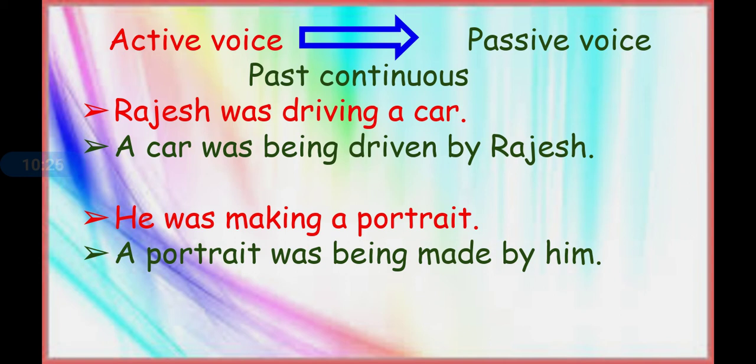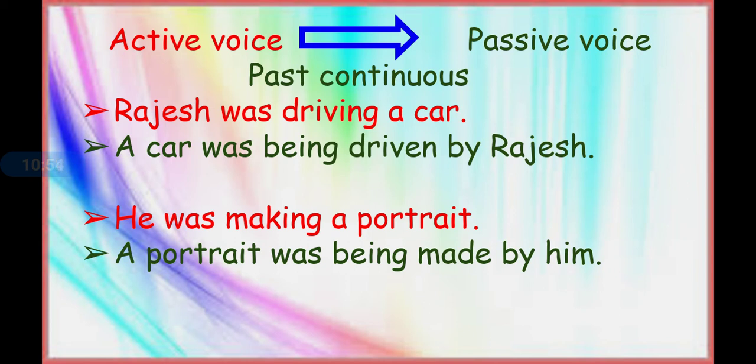After making it as a subject, we have to write was or were according to the subject. That means a car is singular, so I am using was. If it is plural, I can use were plus being we have to use and past participle form of the verb. A car was being driven by Rajesh.